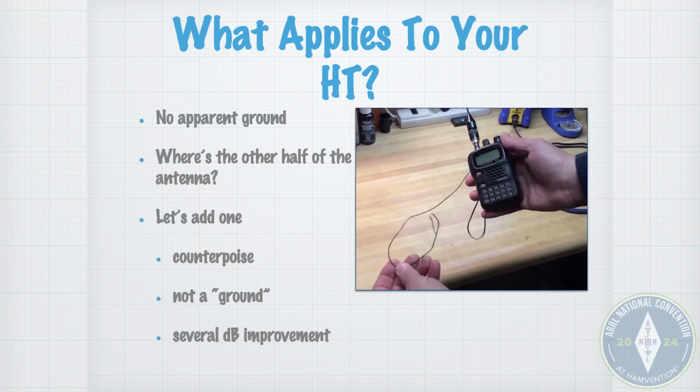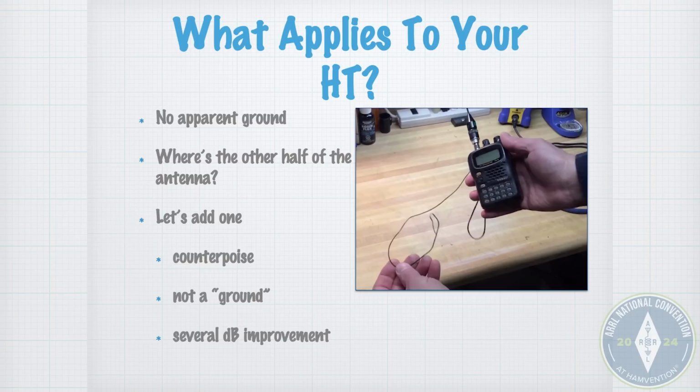It's 19¼ inches for 2 meters, and a third of that for 70 centimeters. A 1/4 inch ring lug fits very nicely over an SMA connector, if you've ever looked. You can make one of these, and I've seen several S-unit improvement on repeaters that have S-meters. It really makes a difference. But again, if you touch the end of that thing, you will get a little bit of a shock, even at 5 watts. So watch out for that.